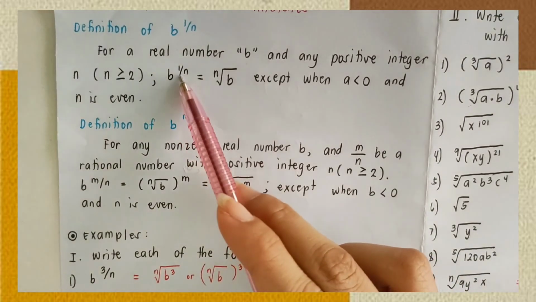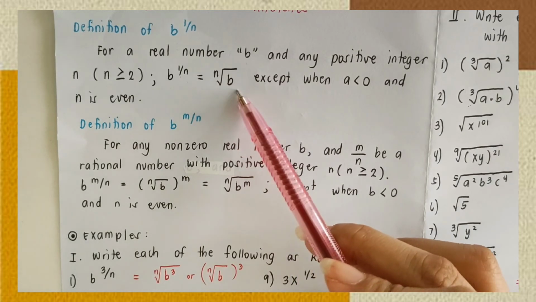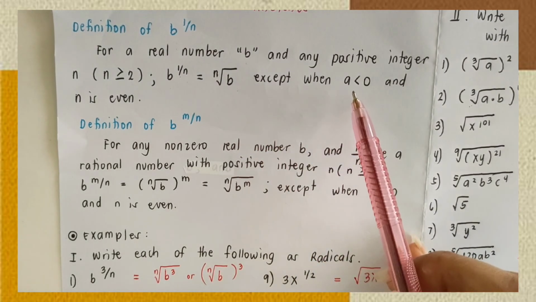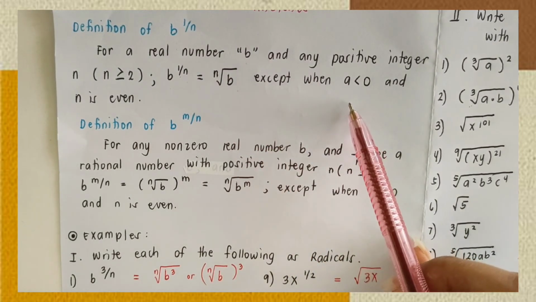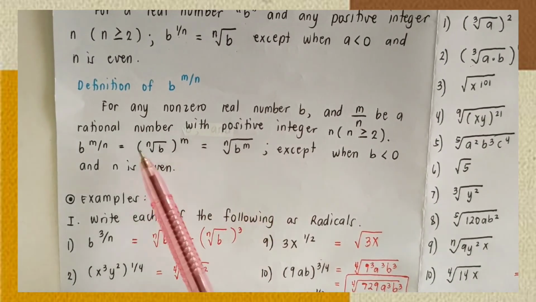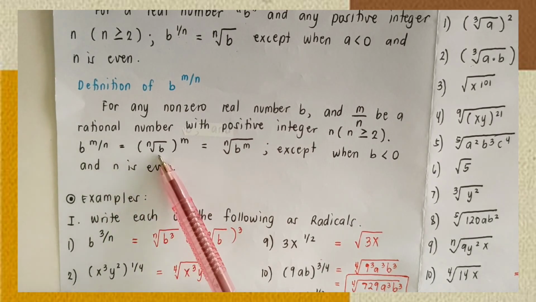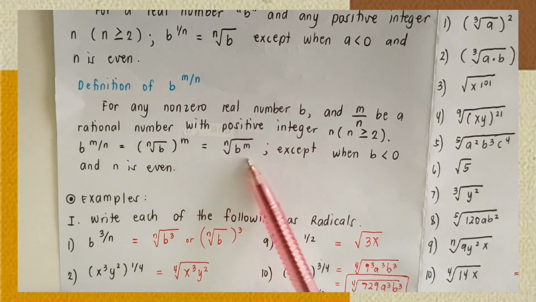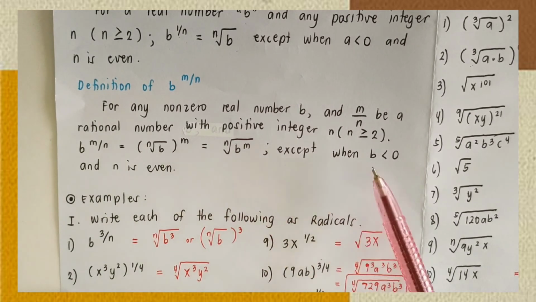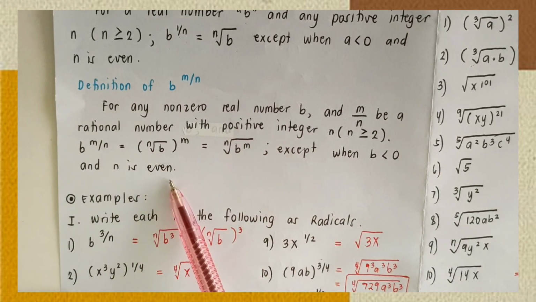So b raised to 1 over n is also equivalent to the nth root of b, except when b is less than 0 and n is even. For the second definition, b raised to m over n is also equivalent to the nth root of b raised to m, except when b is less than 0 and n is even.